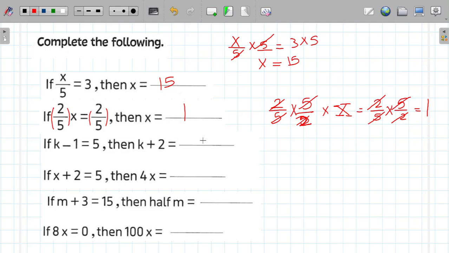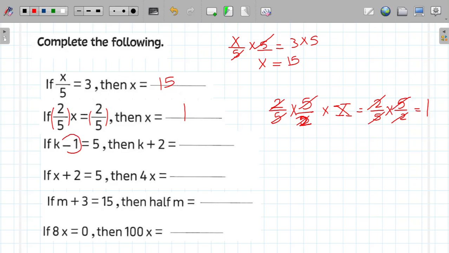Okay, next I have k minus 1 equals 5. Then k plus 2 equals what? So first I want to find the value of k. Then I will substitute in this expression to find the value of it. So k minus 1 equals 5.